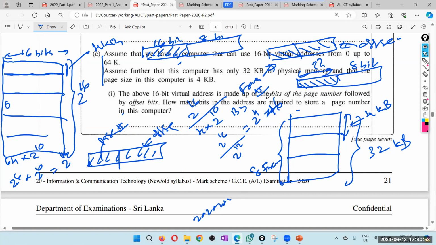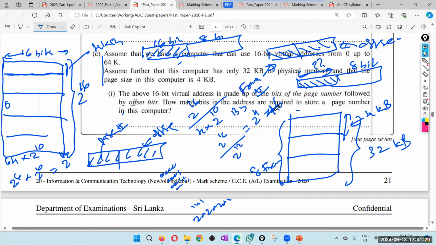So if you have 16 pages, or 2 to the power 4 pages, how many bits do we need? 4 bits. Right? 0000, 0001, 0010, and so on, 0011, up to 1111. If you need 16 different binary numbers, you need 4 bits. 2 to the power 4 means you need 4 bits.